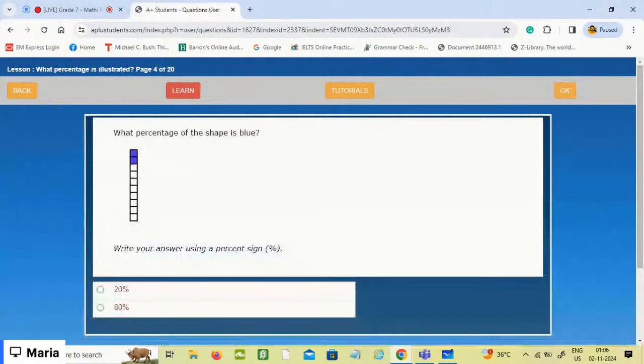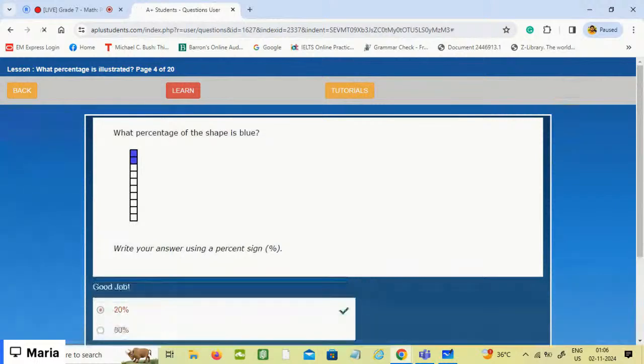What percentage of the shape is blue? Which is the correct option? 20% it is. The correct option is 20%.